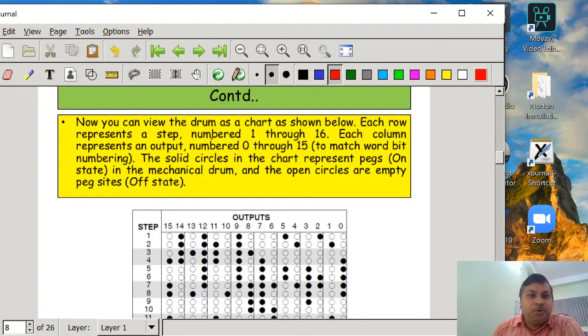So you can view the drum as a chart as shown below. Each row represents a step, numbered 1 through 16. Each column represents an output, numbered 0 through 15 to match bit numbering. The solid circles in the chart represent the pegs, meaning the on state in the mechanical drum, and the open circles are empty pegs, that is the off state.